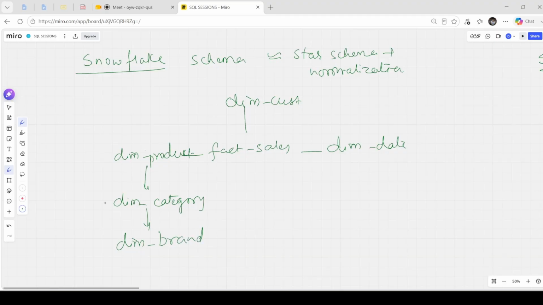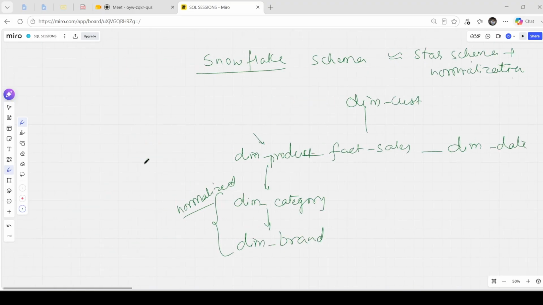So if you see here, this is further normalized. It means that I tried to remove the duplicate data from this and put it here. So Snowflake schema is similar to star schema, but with some normalization, right?